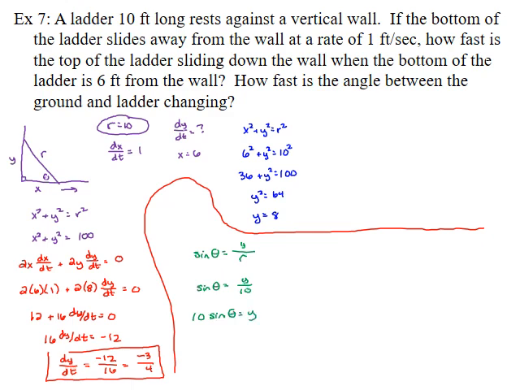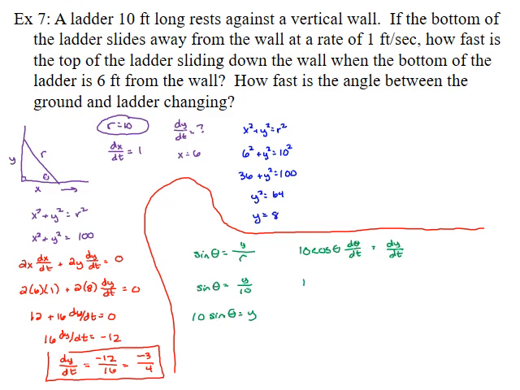Now you can do your implicit derivative, so take the derivative of everything. 10 stays the same. The derivative of sine, this is probably why I did it, derivative of sine is cosine theta. Don't forget the implicit term, which is d theta/dt, equals the derivative of y, which is dy/dt.